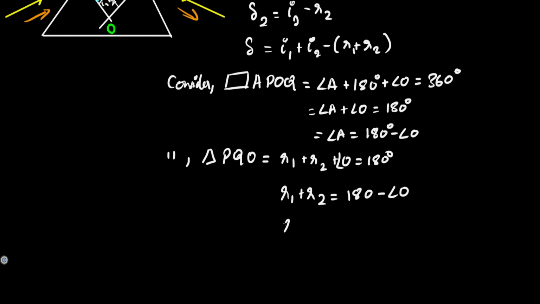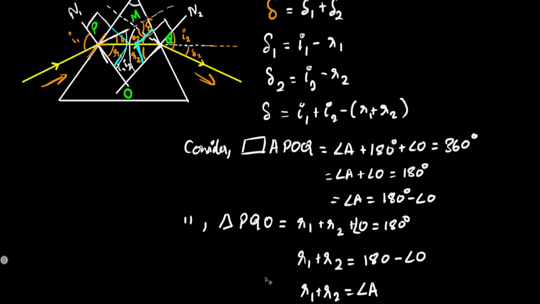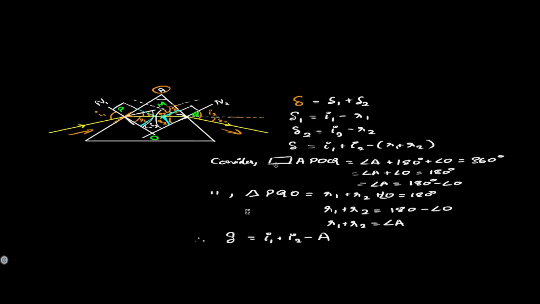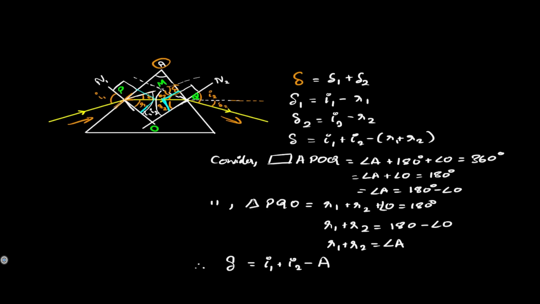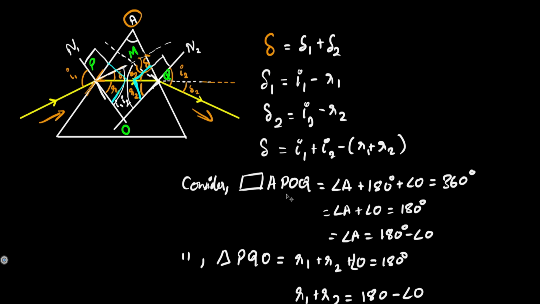I find that R1 plus R2 is equal to angle A. Therefore, we can just rewrite our formula for angle of deviation to be I1 plus I2 minus A. Alright, that is basically the angle of deviation formula. Okay, that is basically the derivation.